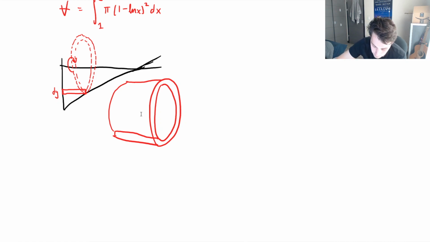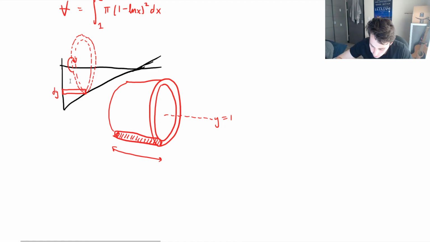So it's going to create this kind of outline of a cylinder. There we go. And then this is our axis of revolution, y equals 1. Okay, so what is this distance here? We are looking for this distance as well.